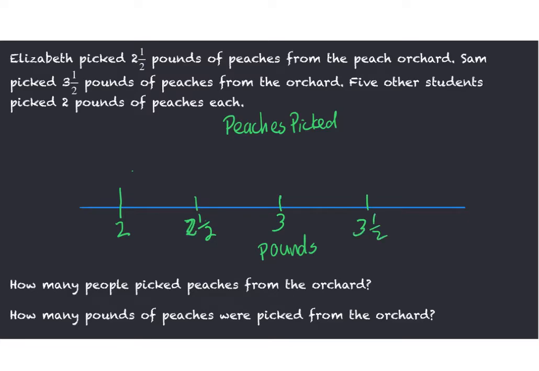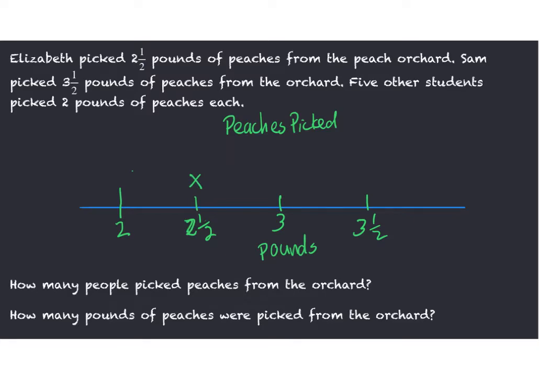Now that I have labeled my number line and I've also put the title and label for my line plot, I need to mark how many pieces of data I have for each set. So I see that Elizabeth picked 2.5 pounds, so I'm going to put an X above the 2.5.